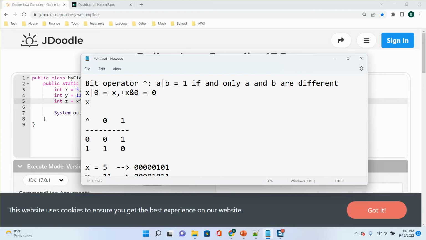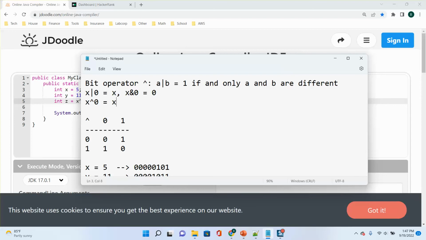Now x exclusive OR 0 is what? It's still x. The reason is, if x is 0, 0 and 0 are the same, so the answer is 0. If x is 1, 1 exclusive OR 0 is 1, because they are different.